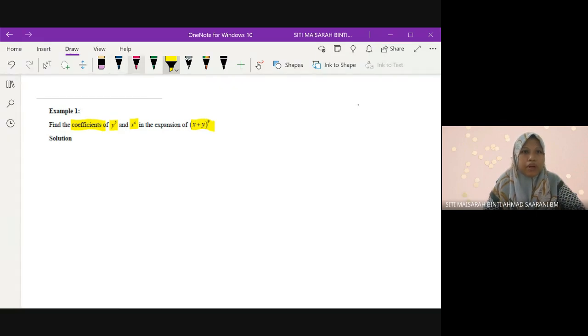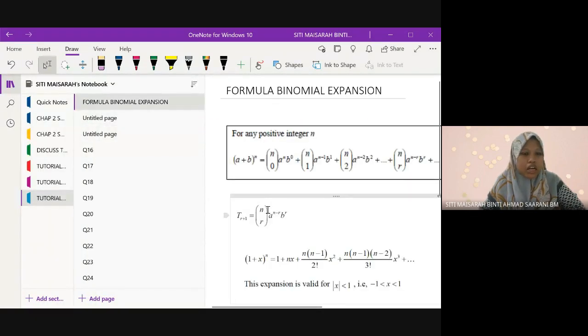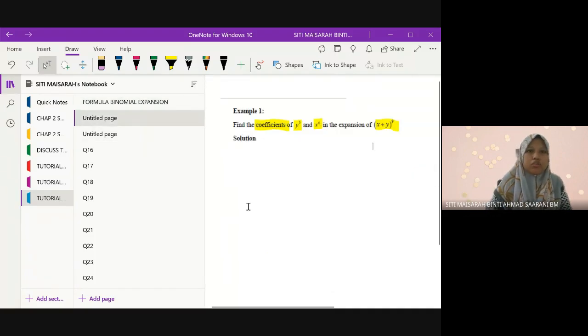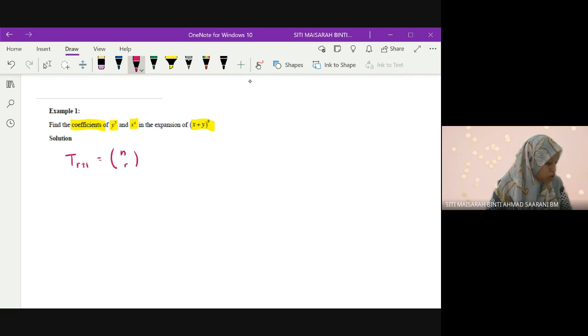So jadi awak boleh pakai formula ni lah, formula tr plus 1 ni. Okay, so jadi salin dulu formula. So formula kita is tr plus 1 equals to, this is NCR, and then a to the power of n minus r, b power of r. Okay, so then awak tak tahu nilai r dia berapa kan?